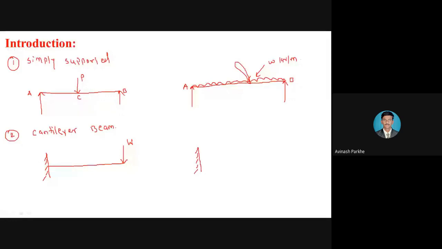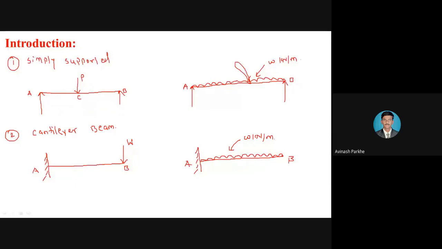One end is fixed, another end is free, and subjected to the UDL, W kilonewton per meter. This is point A, this is point B, this is point A, and this is point B. So these are the four conditions. Based on these four conditions only, we have to calculate the bending stresses.